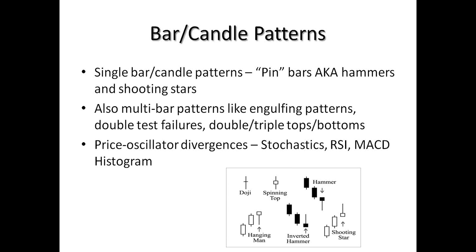If there's a higher high in price and there's a lower high in the oscillator, that's telling you that there's a loss of upside momentum and perhaps a turn in the market to the downside. Once again, if you have price making higher peaks and the oscillator is making lower peaks at the same places, then that's telling you there's a loss of upside momentum and a possible turn in the market.